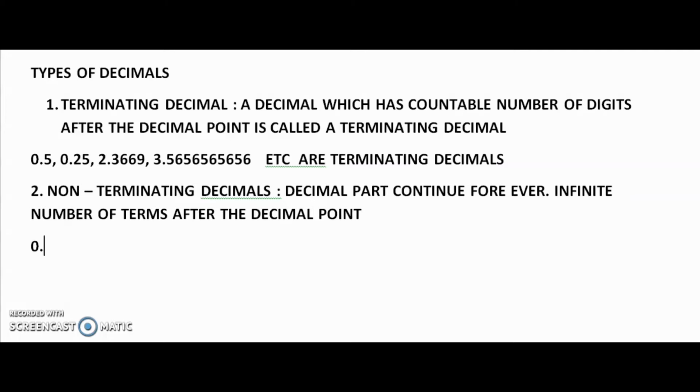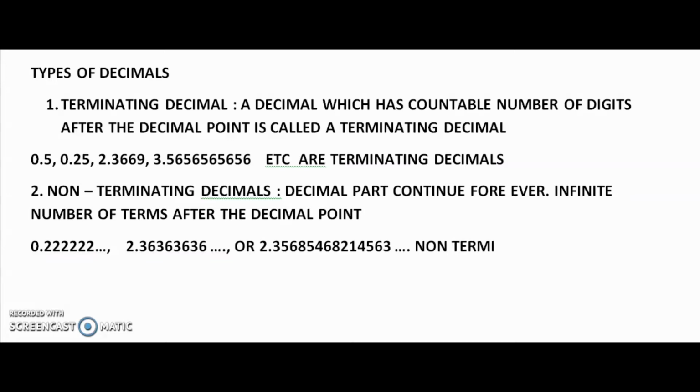They never end, they go up to infinity, like 0.222 etc. Or if we consider 2.36363636 etc., or the value of pi like 3.1416 etc., or 2.35685468214563 etc.